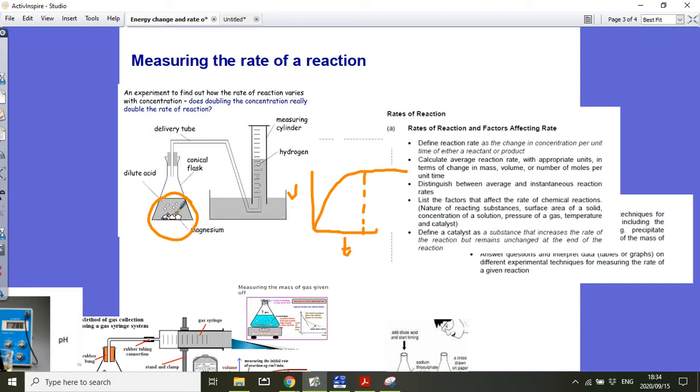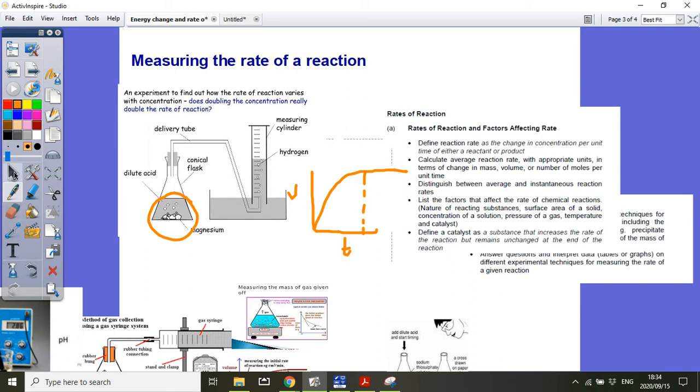My limiting reagent has been used up. So highlight the limiting reagent if they give you a question like this. So that would be my graph. Now we're going to look at, well, how can I change the rate of the reaction? And you need to know the different factors that can change the rate of a reaction.